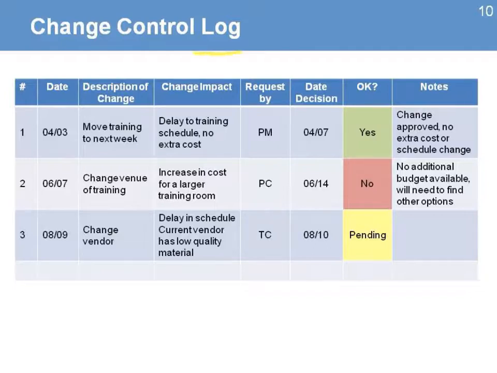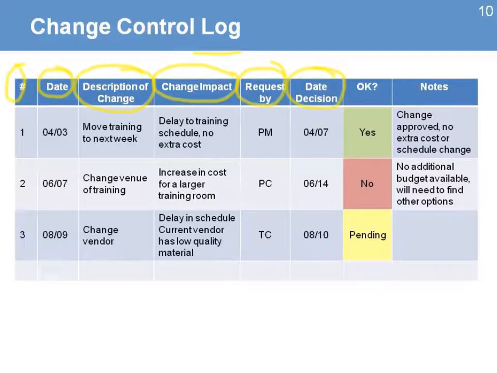The log is a way to list all the requests by first number, the date of the request, and a description of the change. That's where we also include the justification. The impact of the change is part of the analysis, what that change will mean in terms of scope, schedule, and budget. Then the person or group who requested it, and the date when the decision is needed.